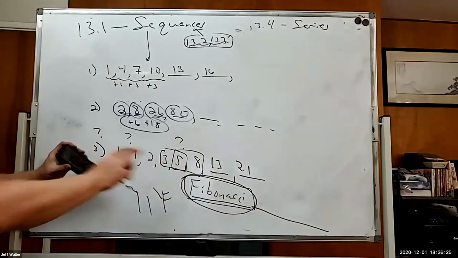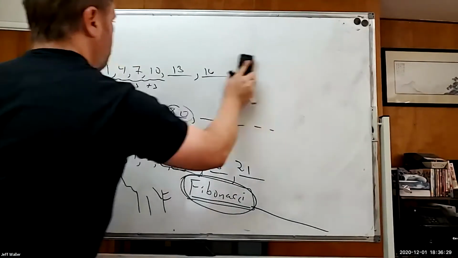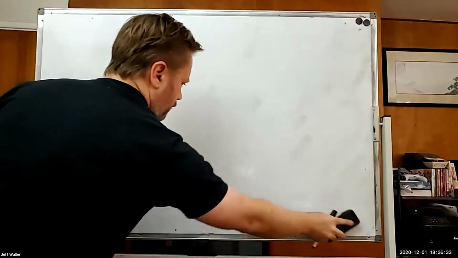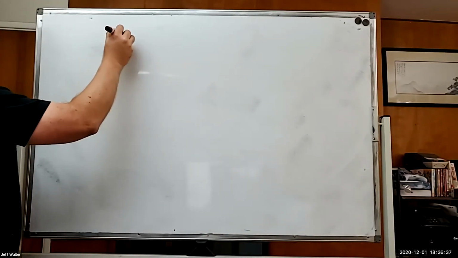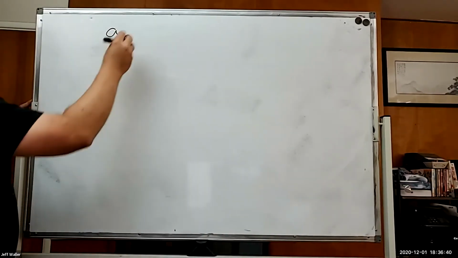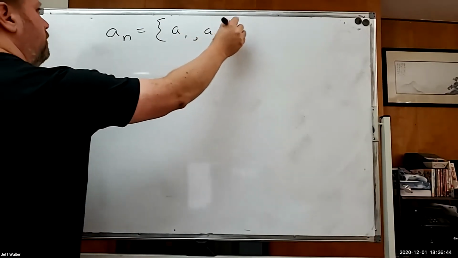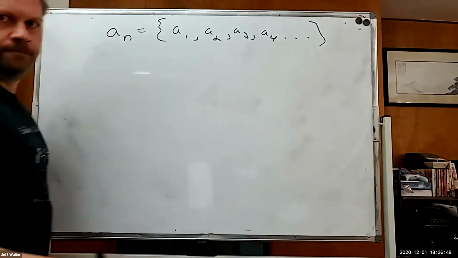So here's the last thing I want to talk about tonight, just to lay the groundwork of notation for sequences. This should look a little familiar if you remember the matrix stuff we did. I can have a sequence and call it a_n, and it would have elements a_1, a_2, a_3, a_4, and so on.